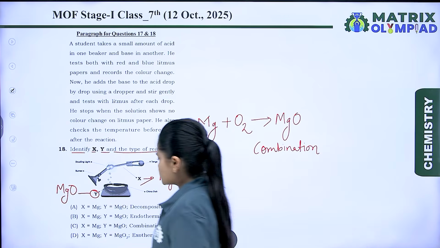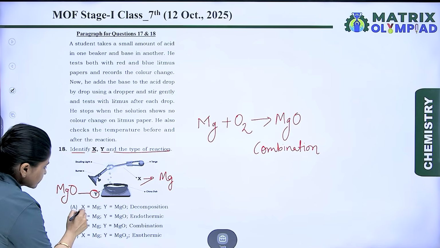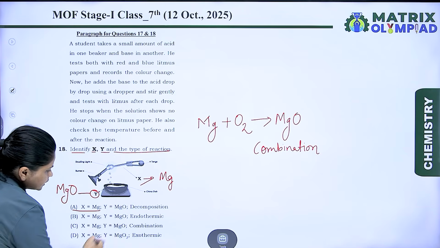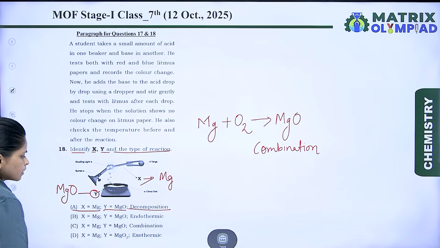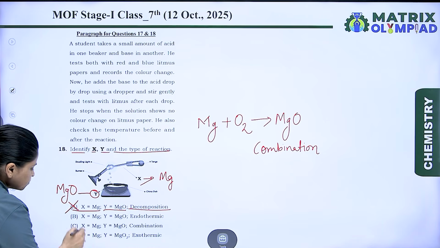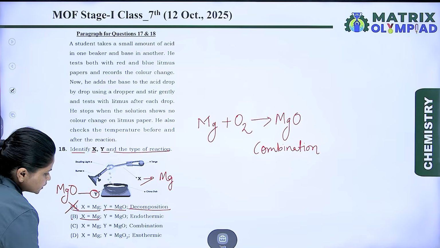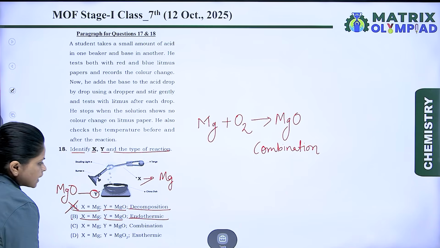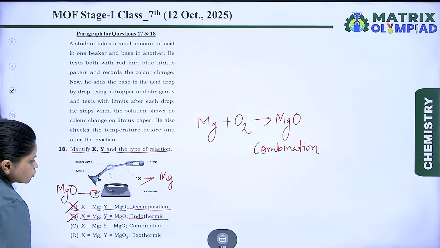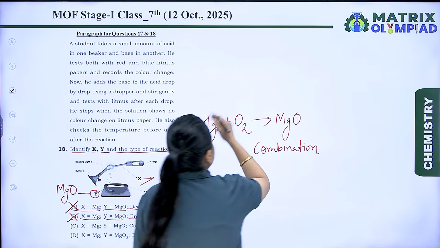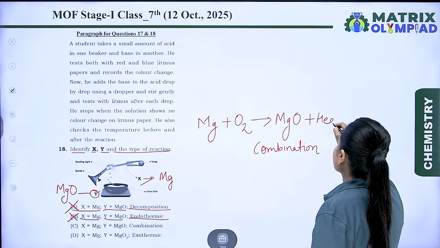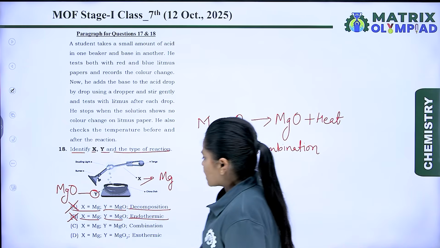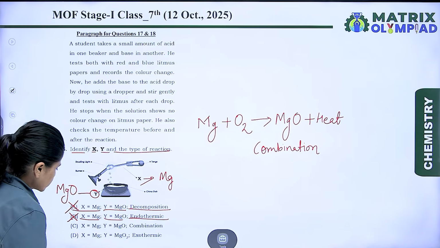So, the options are A. X equal to Mg, Y equal to MgO, and the type of reaction given as decomposition, that is wrong. B. X equal to Mg, Y equal to MgO, and the reaction given as endothermic. No, it is also wrong, because this is a combustion reaction and a lot of heat is evolved. So, this is an exothermic reaction.